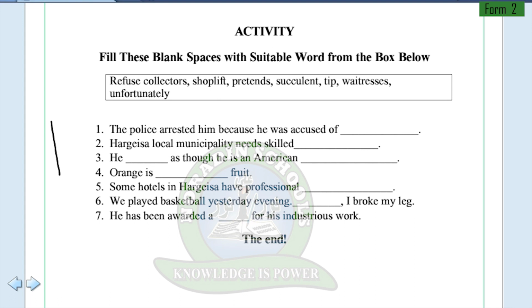All right then, can we check now? I hope you did all of them. Very good. I'm going to start now. Please check your book. The first one: the police arrested him because he was accused of what?